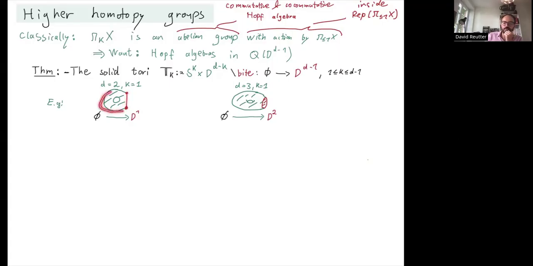And this is the boundary where I impose my boundary condition. And same here. And this I can do in all dimensions. And this gives me a morphism in the bordism category from empty to this disk of one dimension lower. Okay, so this is a three-dimensional manifold with two-dimensional open boundary that goes from empty to a two-disk. Okay.